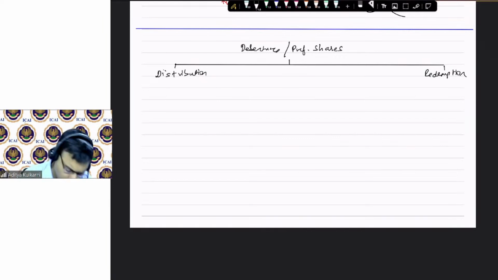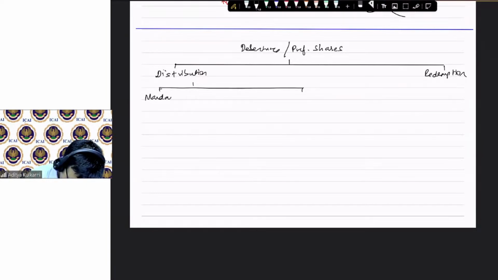So you could have a case where distribution ends up being mandatory. Mandatory means it is compulsory that you pay the cash towards distribution. You will have to pay every year, as written in your debenture contract. It is mentioned in the contract that on these debentures you will pay 8% rate of interest.